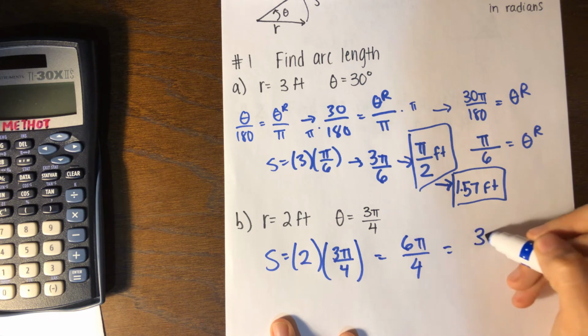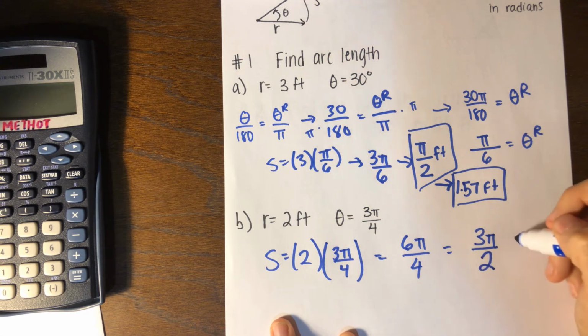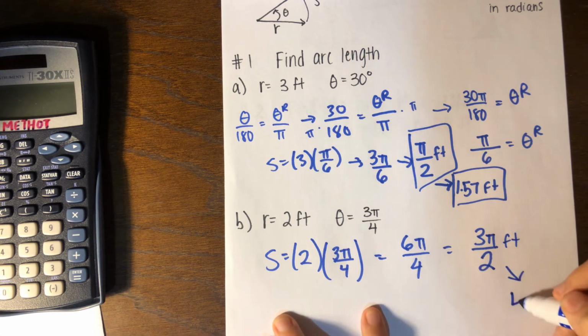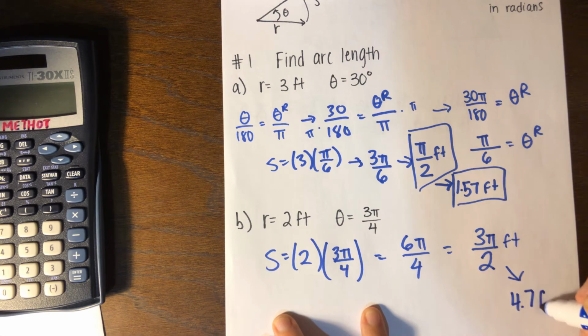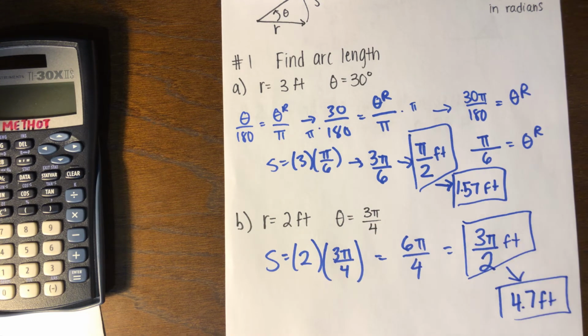Then I get 3 pi over 2 feet. Or you convert it to decimal, which would be 4.7 feet. Either one, or if you want to write both to start getting used to that. Okay, let's move on to the next one.